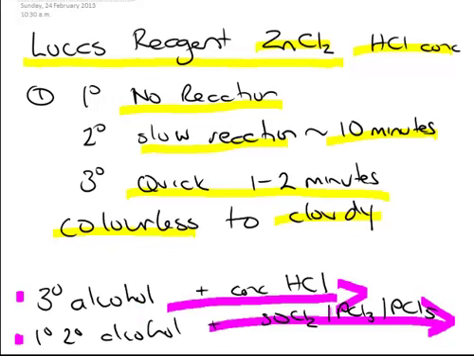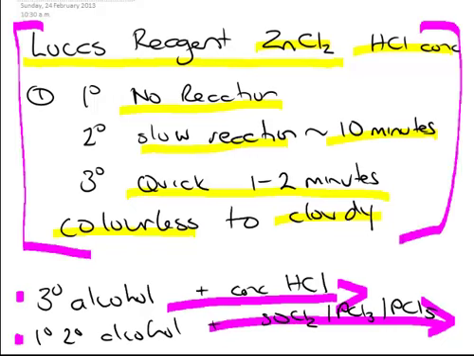But the actual test for telling all three apart is the Lucas reagent test. I just thought you should know some of the differences about why we have this SOCl2, PCl3, PCl5 reaction. You might be thinking, well, primary alcohols can't be substituted. They can, but we use a different reagent. Tertiary alcohols don't react so well with these reagents, so you can use concentrated hydrochloric acid and change the conditions a bit. So that's just an aside.